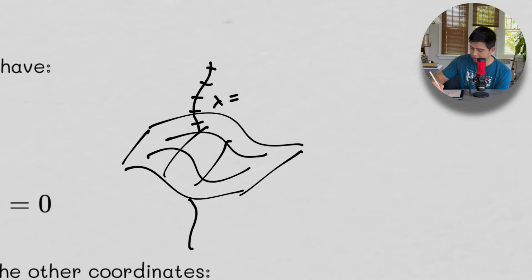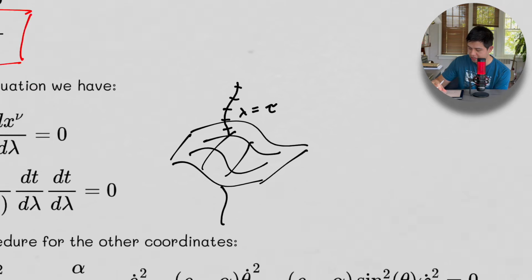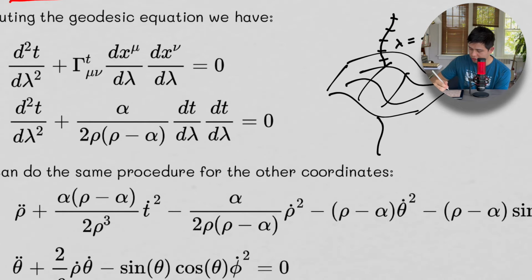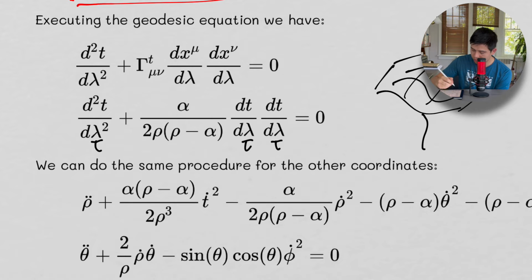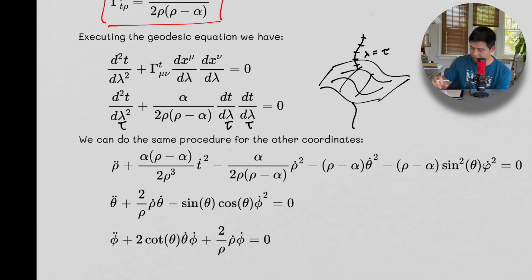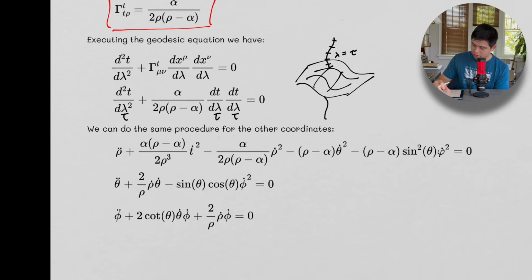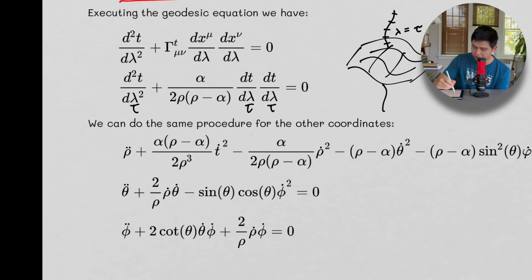Lambda is the proper time of that geodesic, so this could be the proper time tau. We'll just say lambda because it's a little bit more general. But we could just say that this lambda is the proper time, okay?